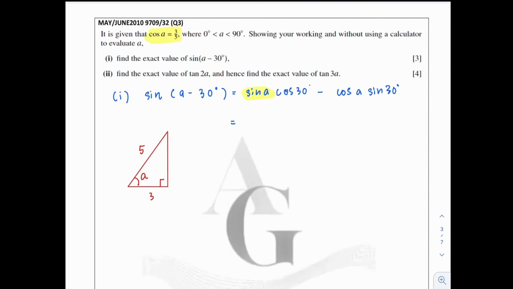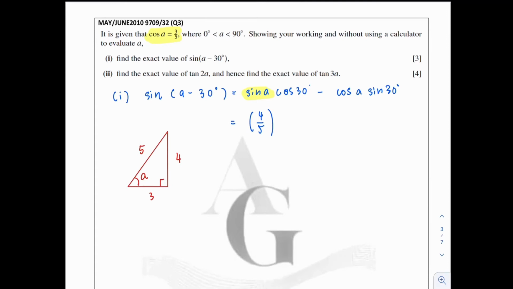So what's the length of the opposite side here? It should be 4. According to this right angle triangle, now we can conclude that the sine A is actually equal to 4 over 5. Let's fill up the 4 over 5 here.